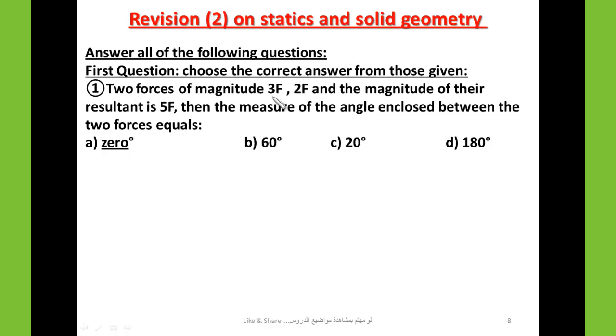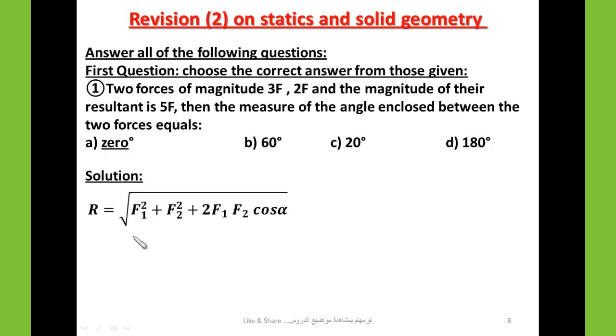It is the sum of the two forces, as 3F plus 2F equals 5F. So we have the maximum value of the resultant, which is 5F. So the angle equals 0, but we can prove it in steps.